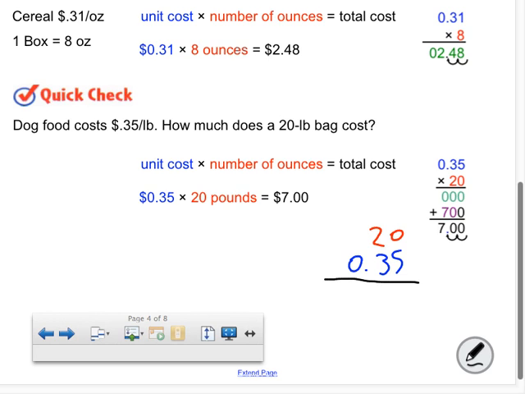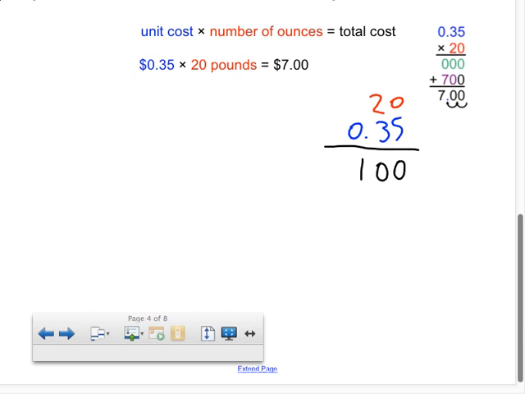5 times 0? 0. 5 times 5? 25. So that would be 5 and carry the 2. All right, now I have to put my placeholder in. So if I put my placeholder in, now I do 3 times 0 is 0. 3 times 2 is 6.